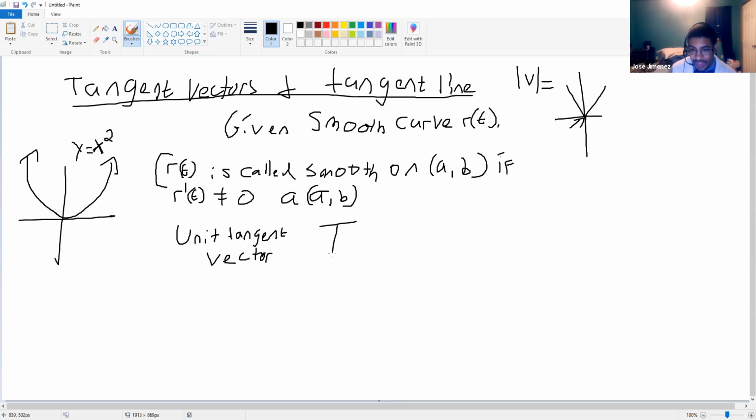So I'll call that guy capital T, and capital T will be equal to the derivative of the vector, which you guys already know how to find now, divided by the magnitude of the vector. Very similar to having the velocity and dividing it by the speed, if that makes any sense to you guys.